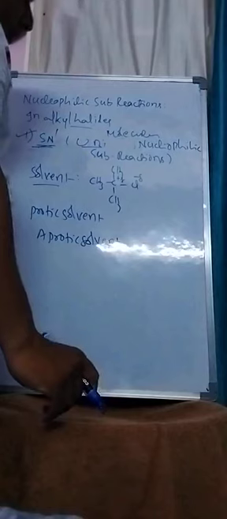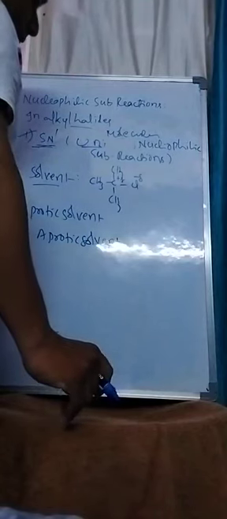If you take protic solvents, like H2O, the alkyl halide first divides into carbocation plus Cl minus.